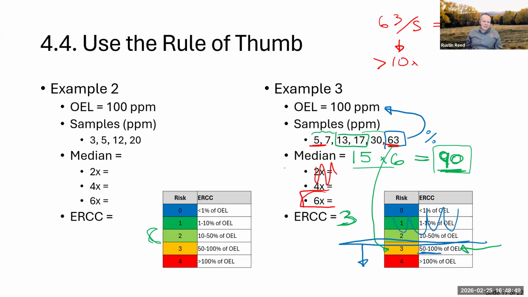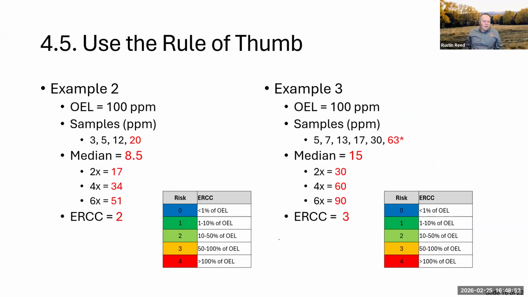So let's just take a look at the answers just to be sure that we're on the right track here. It was 8.5 there. We compared that there and found that we were here with the 20. The 20 is in here. So we said it couldn't be those two.